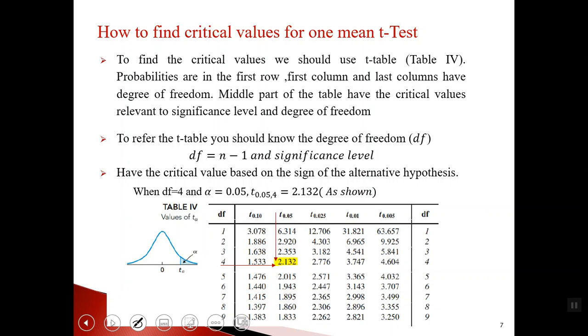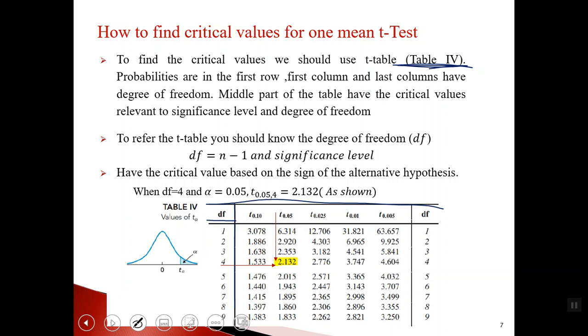Okay, let's see how we use this T table. T table is a little bit different from the Z table. It is in your formula sheet, table 4. First column: in the T table, it's mentioned DF.